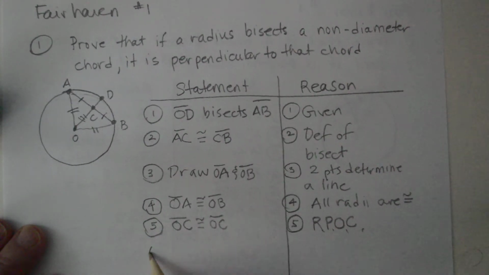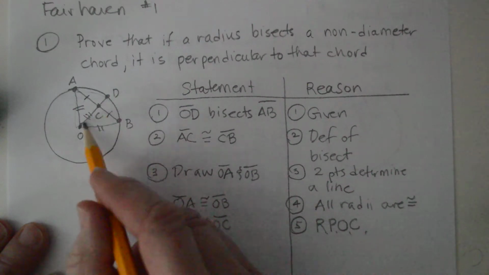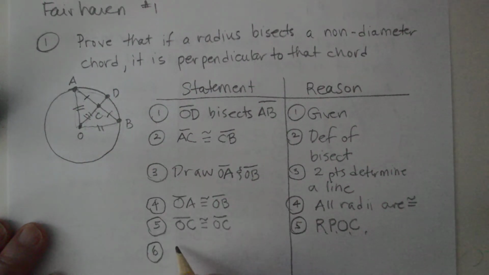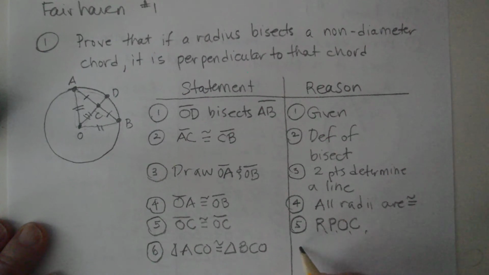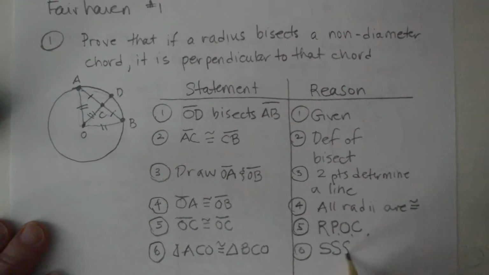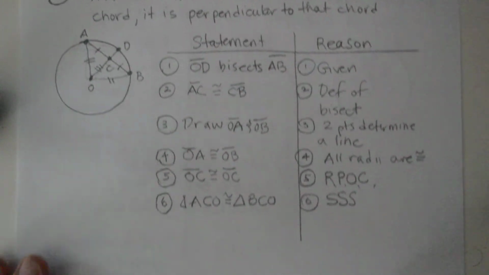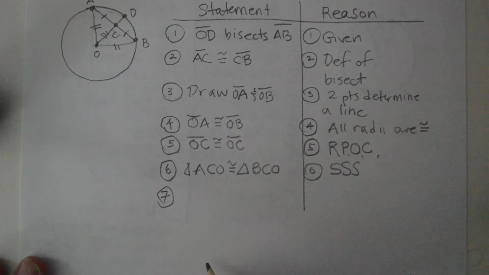All right. Step number 6. Now we can say that this triangle right here and this triangle right here are congruent. So let's go with triangle ACO is congruent to triangle BCO. Reason, side, side, side. Okay, step number 7. Now that we know that they are congruent, we can say that any parts of them are congruent.